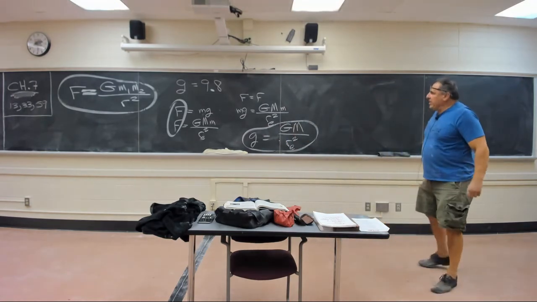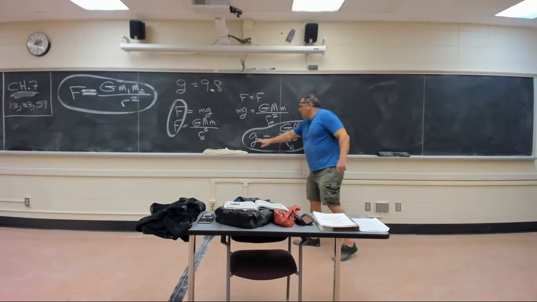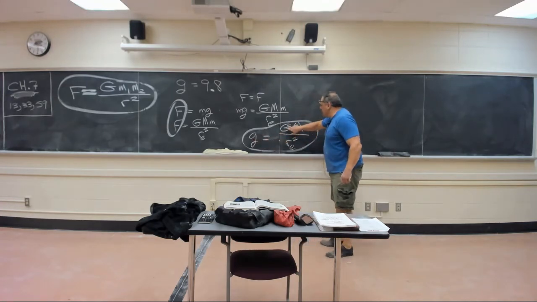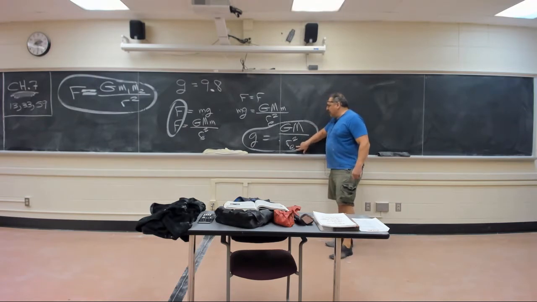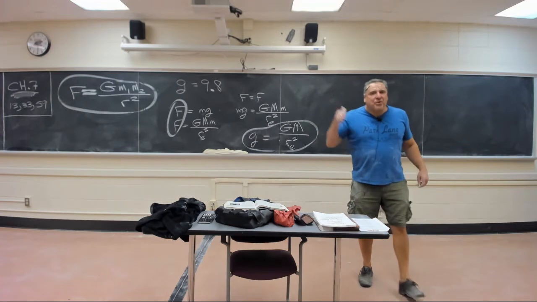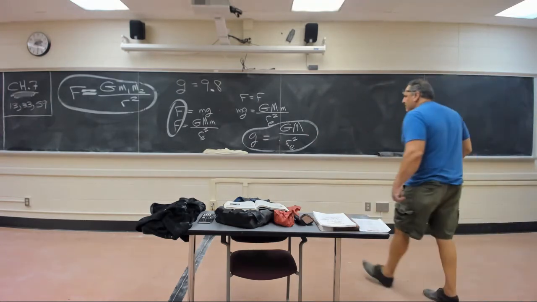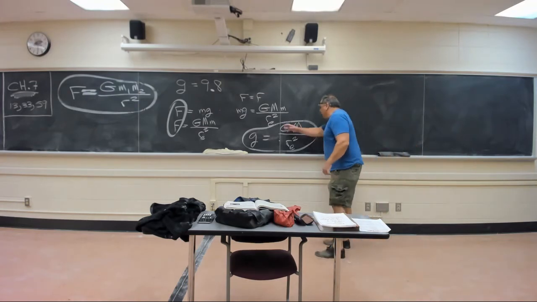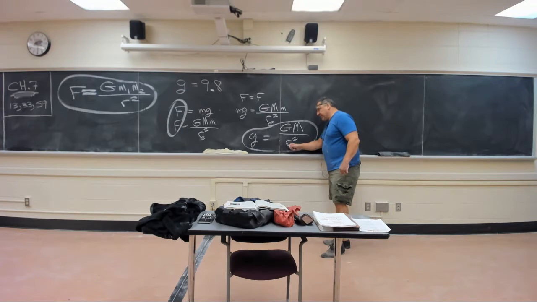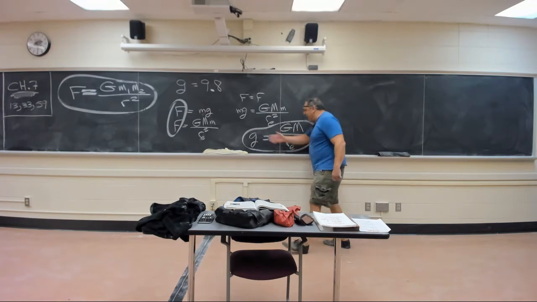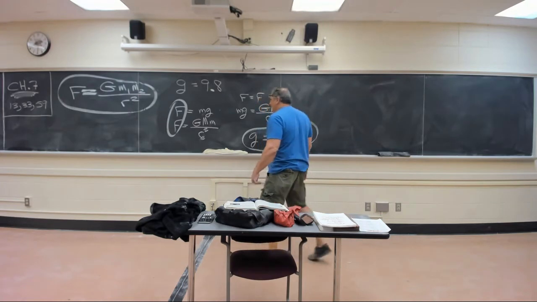Small g equals the universal gravitational constant times the mass of the Earth over the radius of the Earth squared. That's where you get the 9.8 or the 9.81. If you actually grind the numbers, find the mass of the Earth, find the radius of the Earth, square it, find the universal gravitational constant, you'll get the answer, 9.8 or thereabouts.